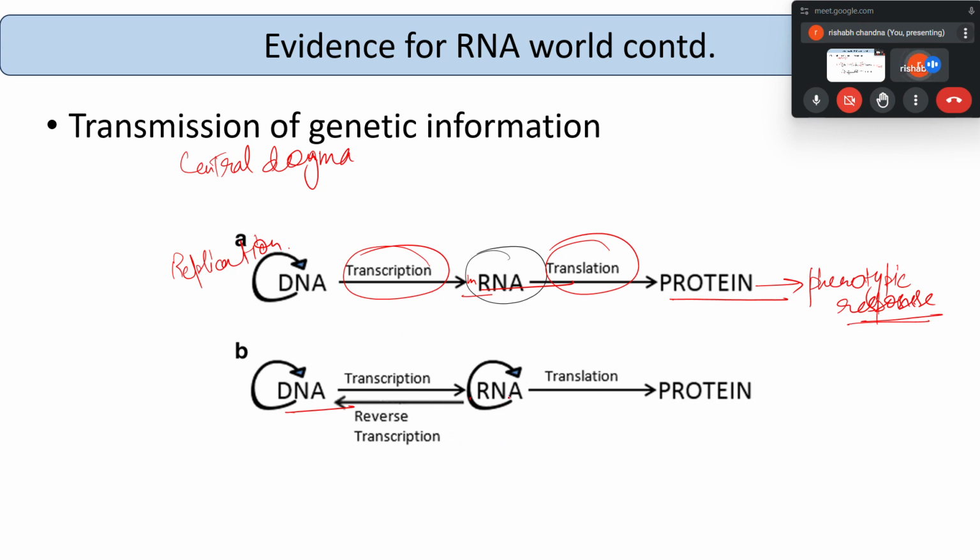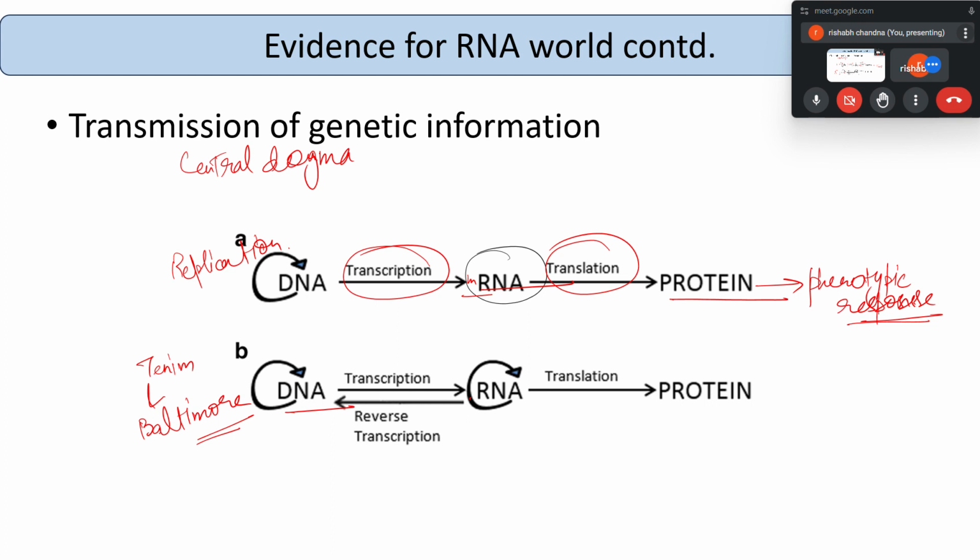The process of converting RNA to DNA is called reverse transcription, and it was given by Temin and Baltimore. So this was the reverse central dogma, because the information is being passed from RNA to DNA.